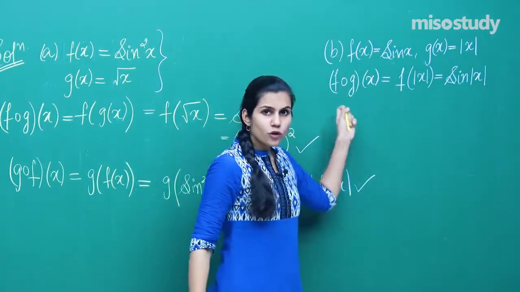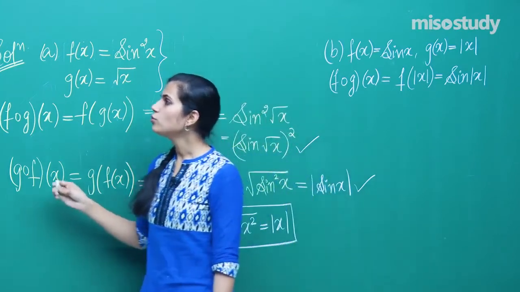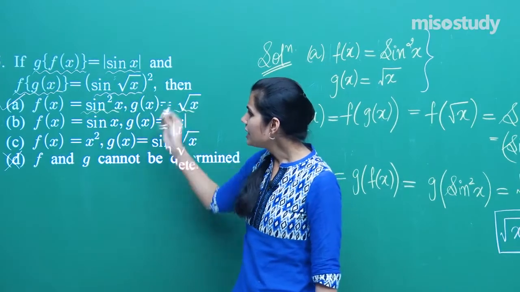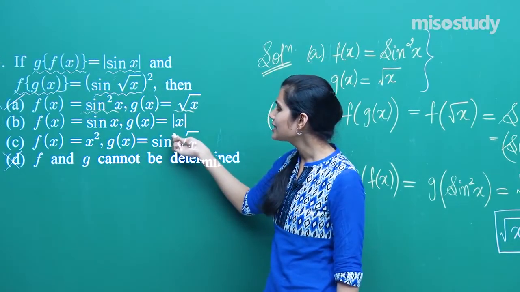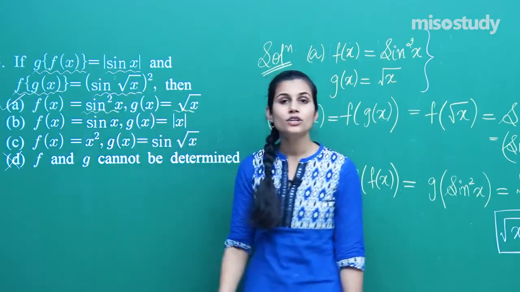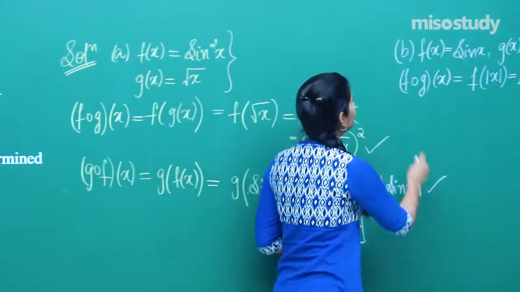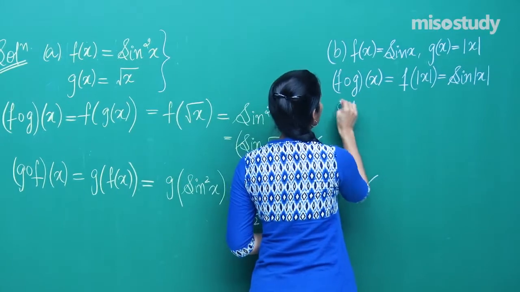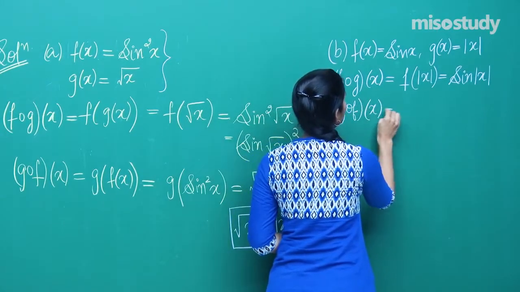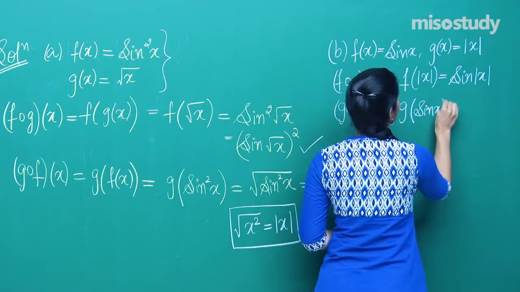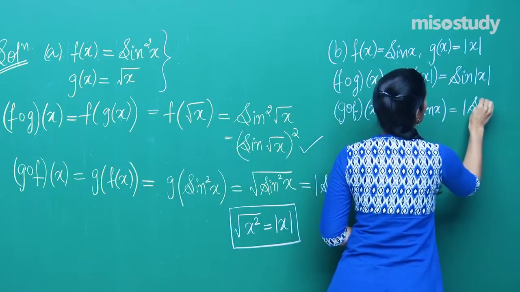I want FOG to be equal to sine square root x. Definitely with f(x) equals sine x and g(x) equals mod x, FOG is not coming out to be this. Let's see what is GOF. G of f of x, which is mod of sine x.